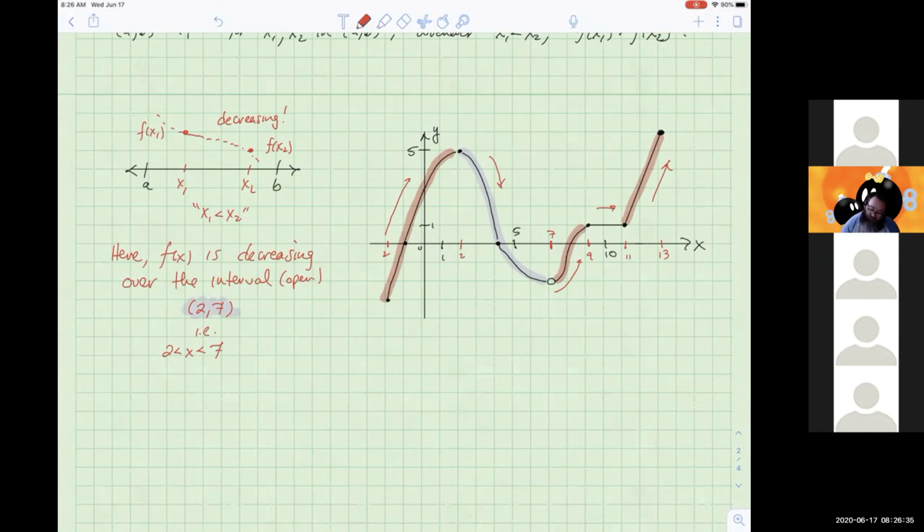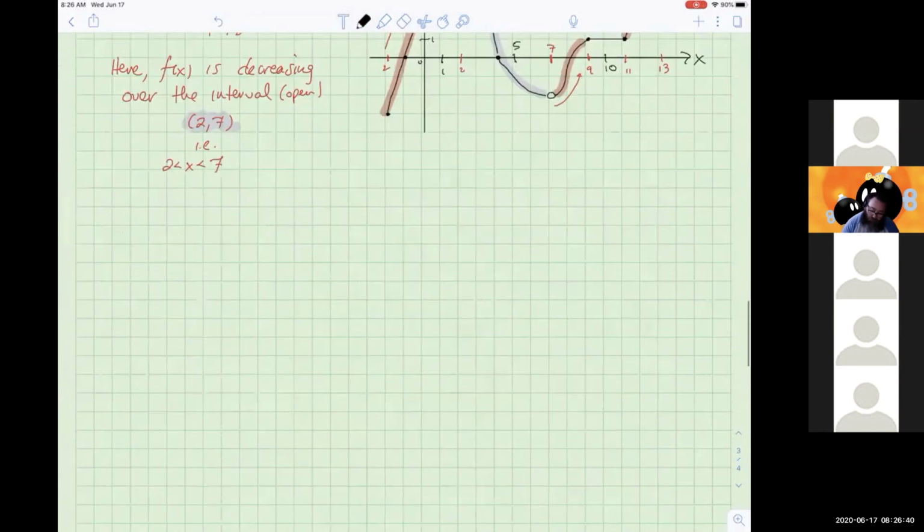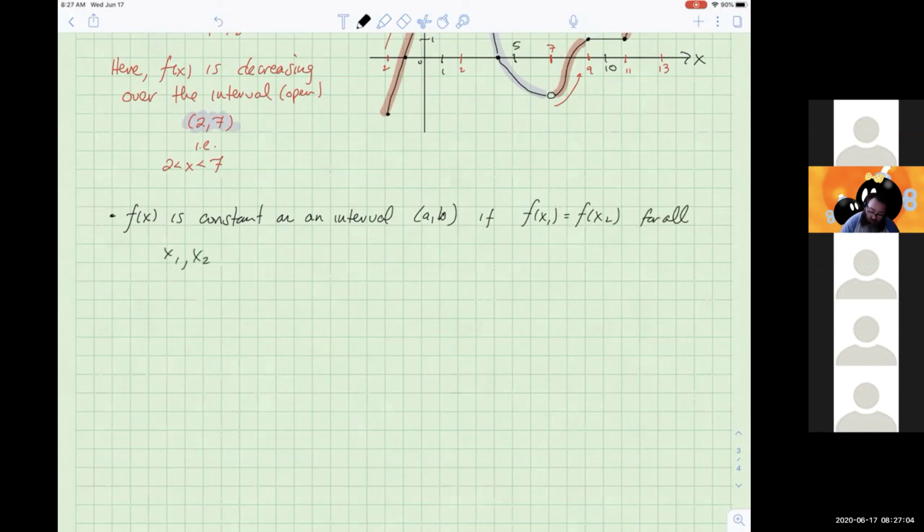And then finally, f of x is constant on an interval a to b if f of x1 equals f of x2 for all x1 and x2 in that interval a to b.